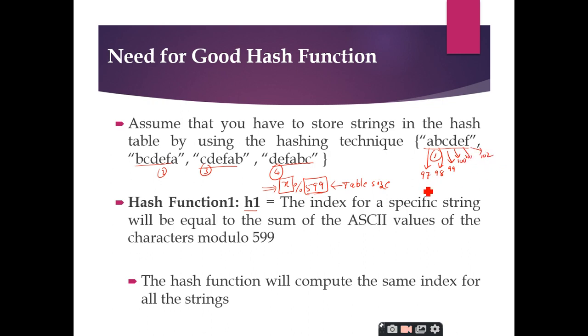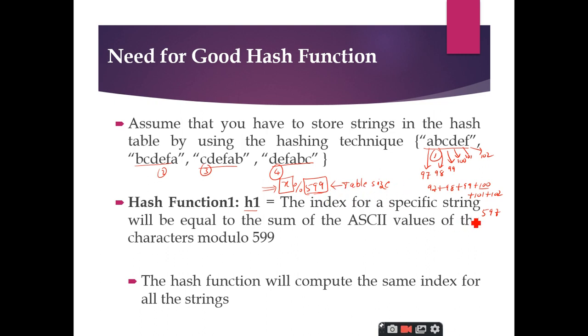Now tell me what is the addition of all these numbers? 97 plus 98 plus 99 plus 100 plus 101 plus 102. 100, this is 200, 500, 597. Am I right or not? Yes, sir. So you divide 597 by 599, modulo 599, and you will get some result.